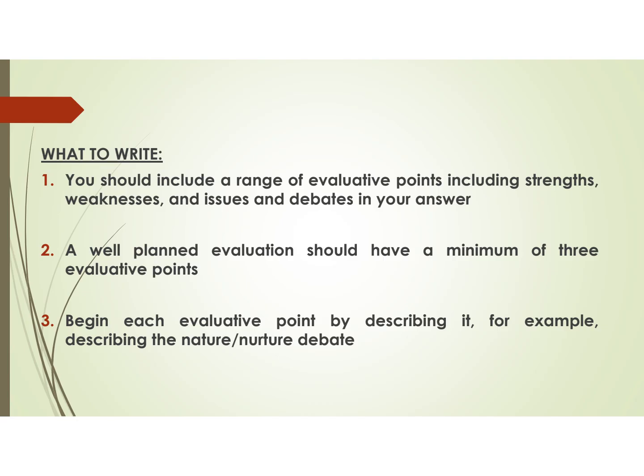So if your question is on the biochemical and the psychological treatment of schizophrenia, the 6 marker will say describe the biochemical and psychological treatment of schizophrenia. You just have to give a summary. Part B would be evaluate the biochemical and psychological treatment of schizophrenia. So the 6 mark describe and the 10 mark evaluate are always going to be on the same topic.